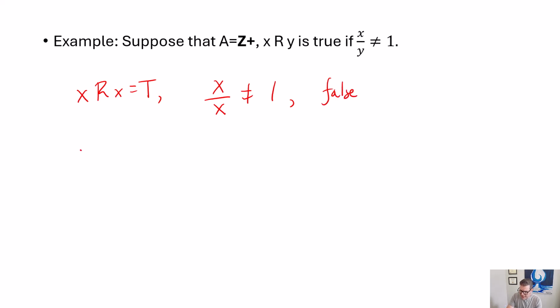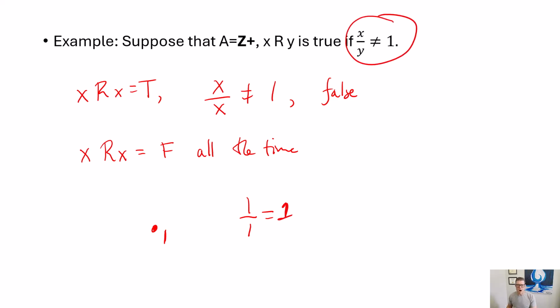So XRX is false all the time; it's never going to end up being true. For example, if I had the node 1, we are never going to get a self-loop for 1, because 1 divided by 1 equals 1, and we need it to be not equal to 1 for our relation to be true. Looking at that definition, we can see that this is in fact an anti-reflexive relation.